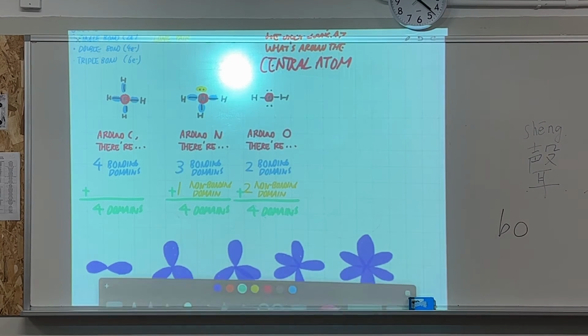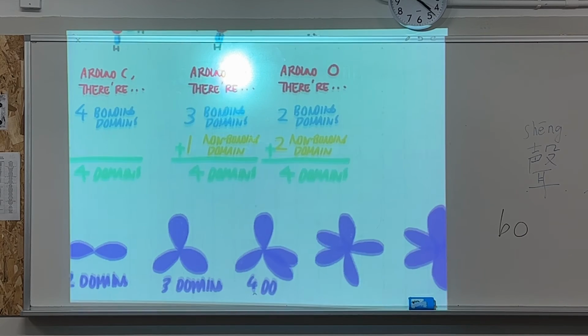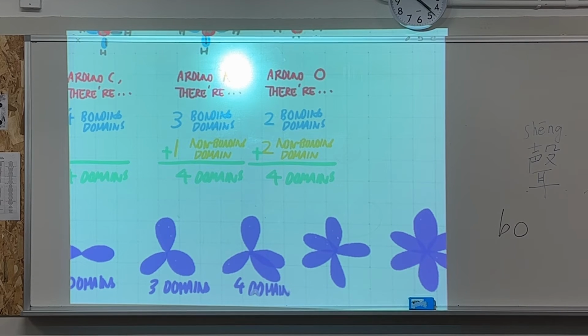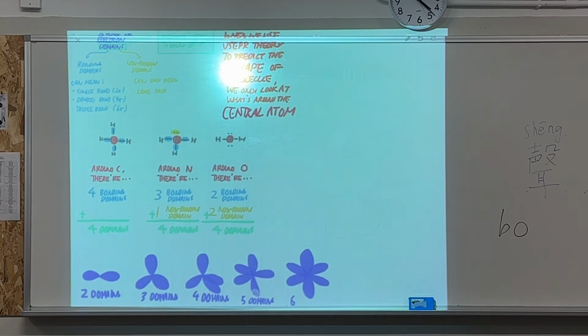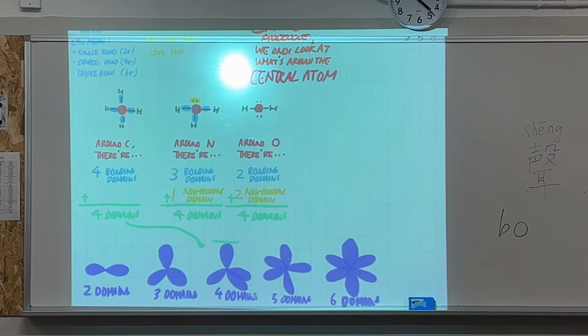So this is what happens when you have 2 domains, 3 domains, 4 domains, and then 5 domains and 6 domains. Once you have decided that there are 4 domains, you can put them all into this structure here.